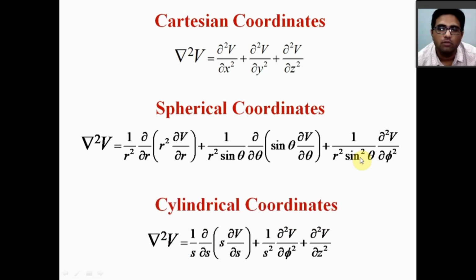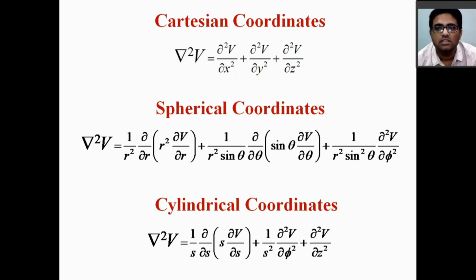And this is the form of the del square operator in cylindrical coordinates, where the components are s, phi and z. Here s is the radius of the cylinder, right? To go from Cartesian coordinates to spherical or cylindrical coordinates, we need the transformation equations that you know.